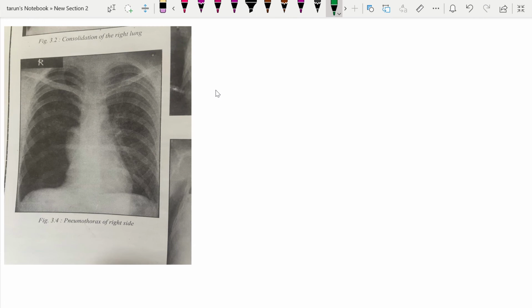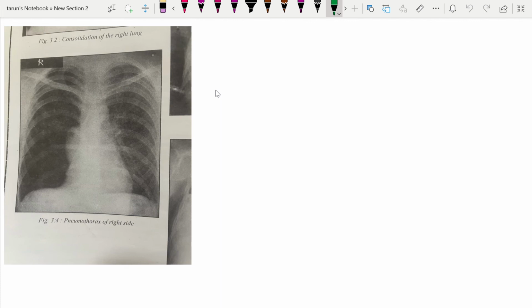You will say this is a PA view of the chest X-ray which reveals increased translucency on the right side of the chest with absence of bronchovascular markings. A sharply defined homogeneous opacity is seen lateral to the right cardiac border, which indicates collapse of the right lung.